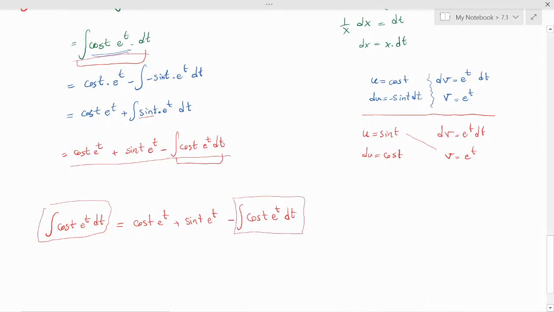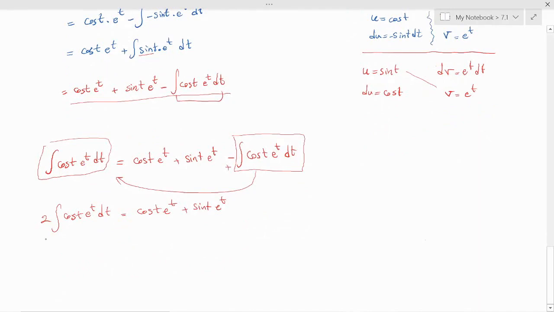So if I move this to the other side, what I get is two of them. You add this integral to both sides, you get two of these integrals, 2 cosine t e to the power t dt. On the right side, what you have is cosine t e to the power t plus sine t e to the power t.